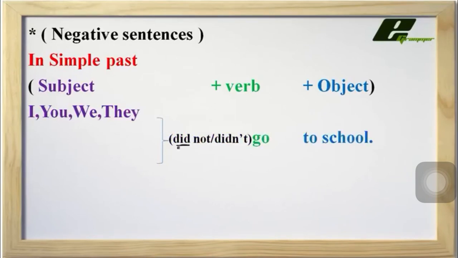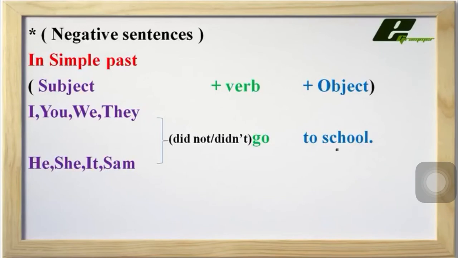When I use did in simple past tense, at that time we use the base form of the verb instead of the past form. Understood? Now the sentence would sound like this: Sam did not go to school, instead of Sam did not went to school. If you say the sentence this way, the sentence would be wrong. Understood?